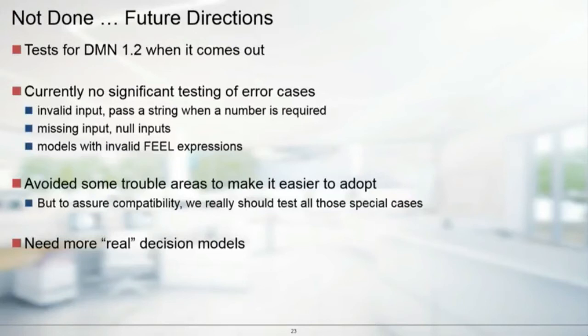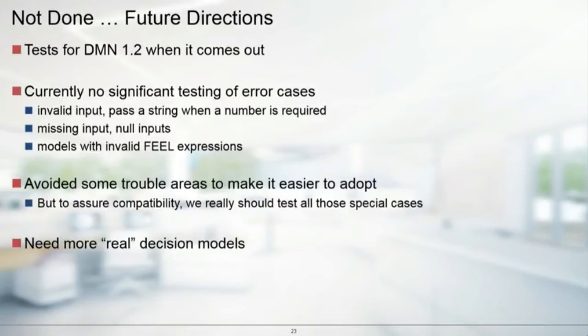We have not really done a lot of testing of error cases. For example, I'm pretty sure that all the DMN models have valid field expressions in them. We really should have a couple of test cases that have invalid expressions, just bad expressions in there, because engines need to handle that one way or another.